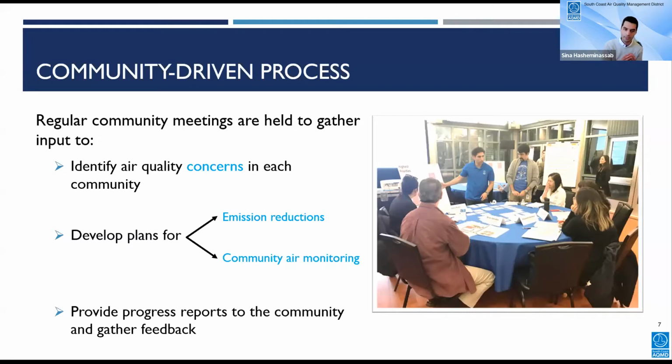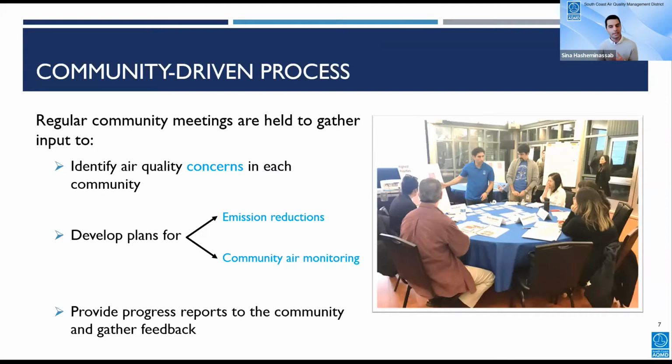One plan is for emission reductions, and as I said earlier, it lays out strategies for reducing emissions from the identified sources. Another plan is for community air quality monitoring. Once these plans are developed, the air districts start implementing them in the communities. Then in the regular meetings with the community members, staff of the air districts provide progress reports and gather communities' feedback for the next steps of the program.